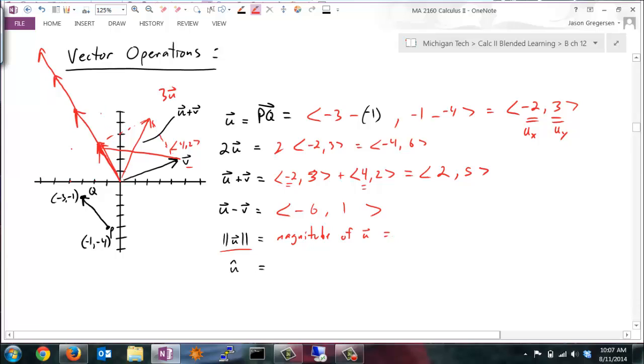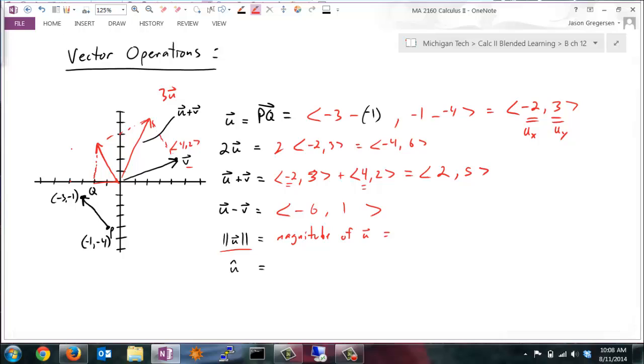So here is u. Let me clean this up just a little bit. Here's my vector u. This was -2, 3. If I want to find that length, I could always do it using Pythag. If it's a position vector, I should be able to drop a perpendicular and make this little mini triangle.